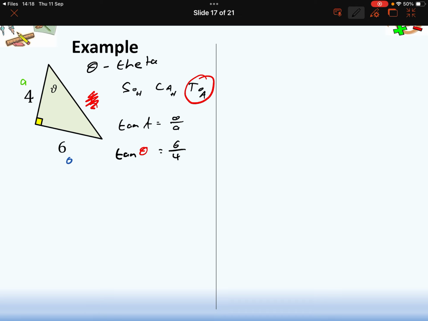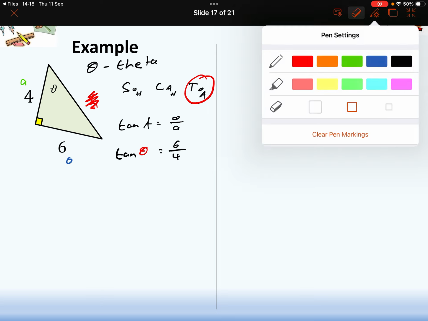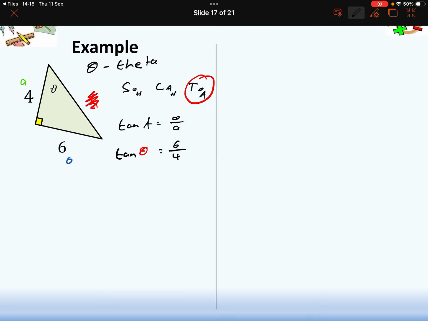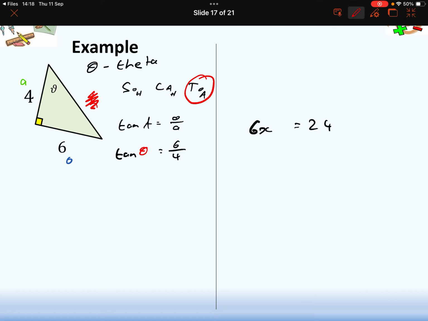So the problem now is my angle, my variable that I want to get by itself, is stuck inside this tan. So how do we get it out of there? Well, we need to think about our equations for a little bit. Let's say we had 6x equals 24. In order to get the x by itself, or get rid of the 6, we need to do the opposite.